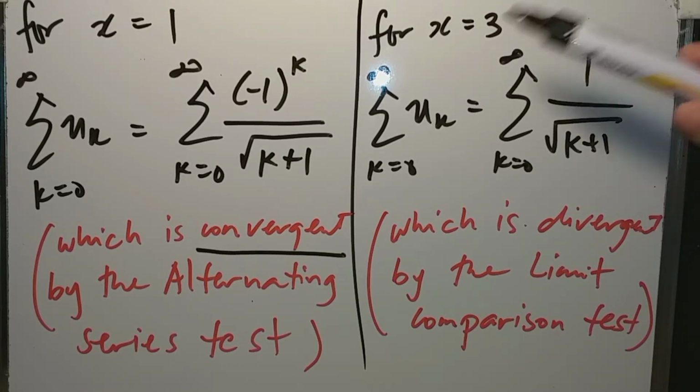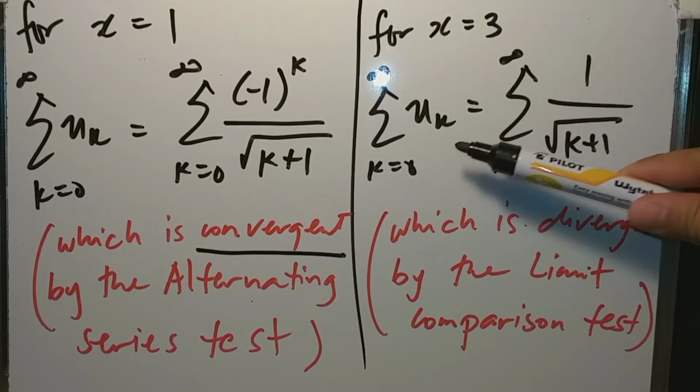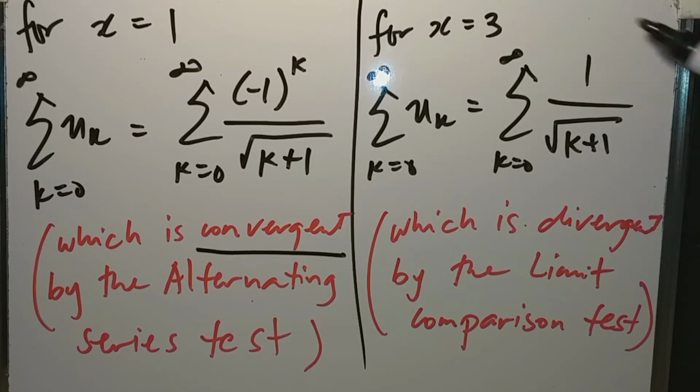Now for x equal to 3, the series will become this, and upon solving, we saw that the series is divergent. So I used the limit comparison test.